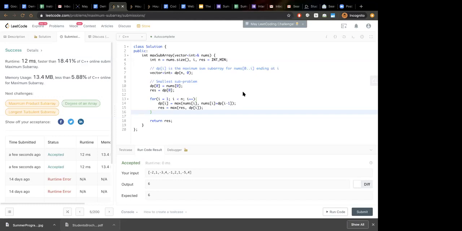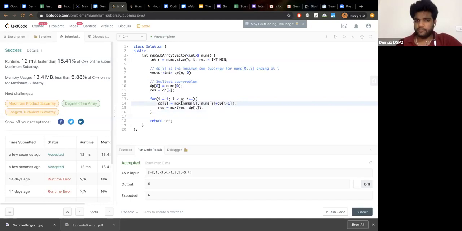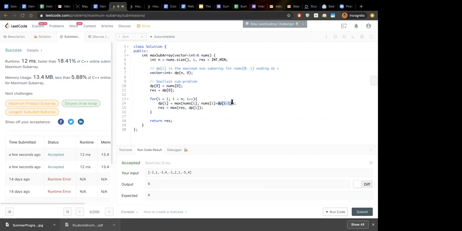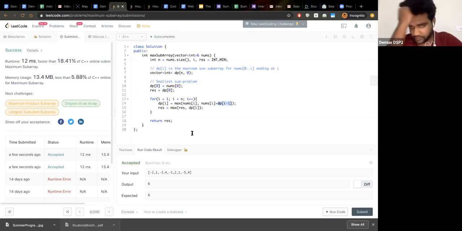If it is a subarray of length 1, then you just have nums of I. If you have a subarray of length greater than 1, it is nums of I plus whatever answer you get till I minus 1. Okay. Yeah, so this is the decision and this is how you can do this question.